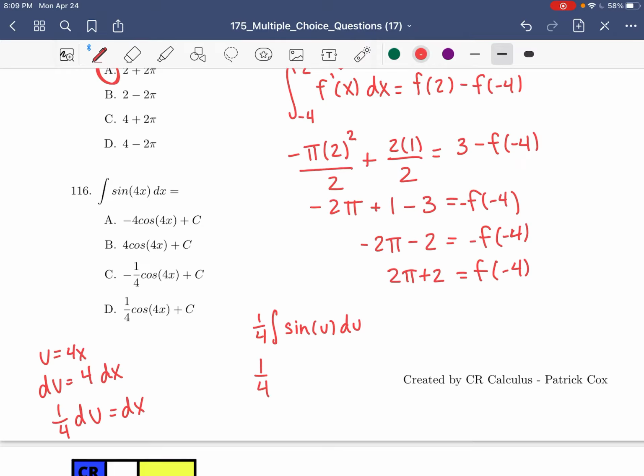We'll just have a 1/4 on the outside. So when I take the antiderivative, I get 1/4. Antiderivative of sine is negative cosine u plus c. So I should have negative 1/4 cosine of 4x plus c, which makes my answer C.